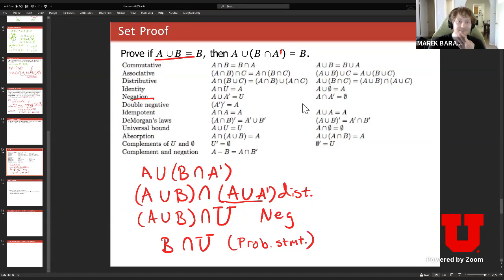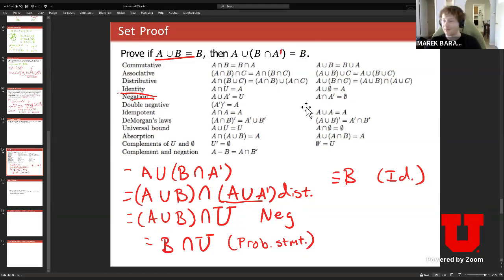We apply the identity to get B. And that's by identity. Any questions on that? Yeah, and that takes us to time. Any questions generally?